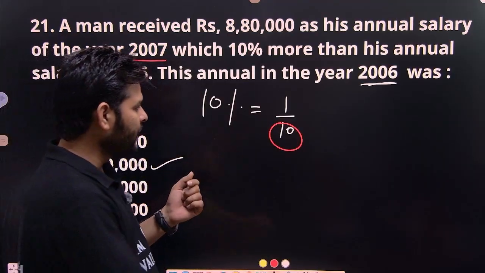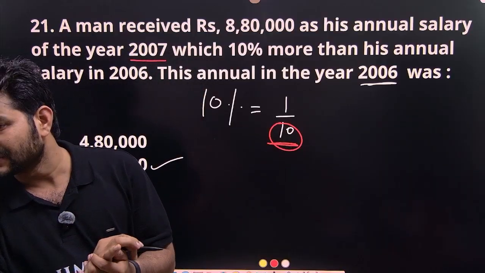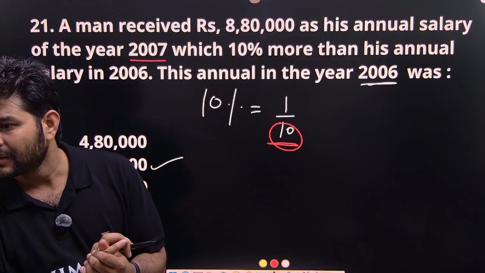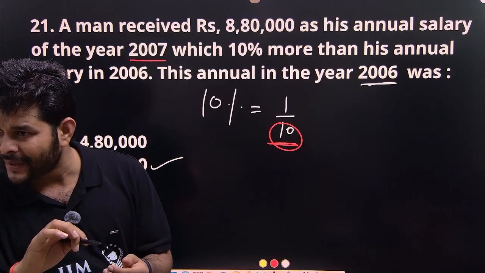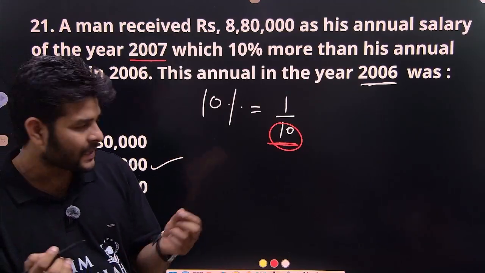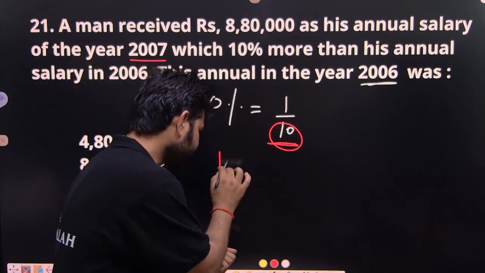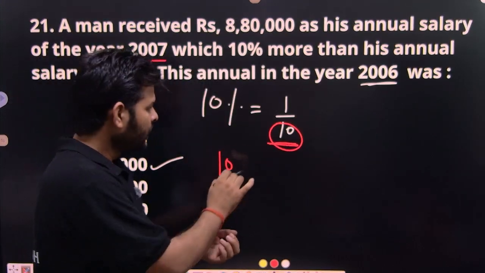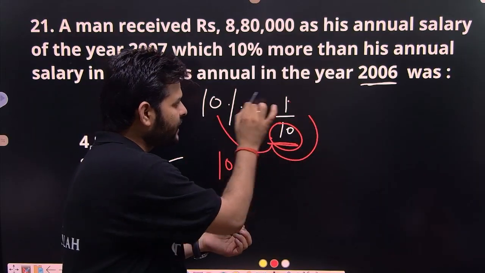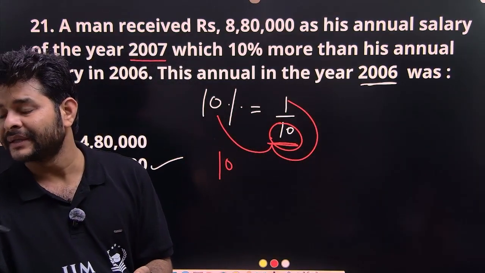So he was making 10 unit in 2006, because we are comparing from 2006. Now 10% of 10 unit is 1, so his salary increased by 1 unit.